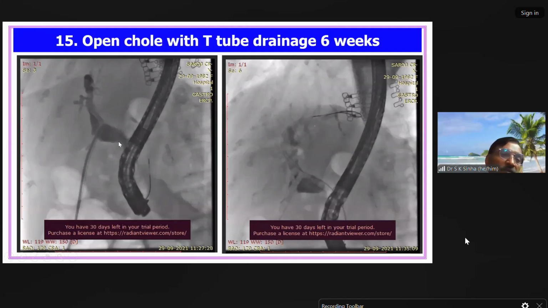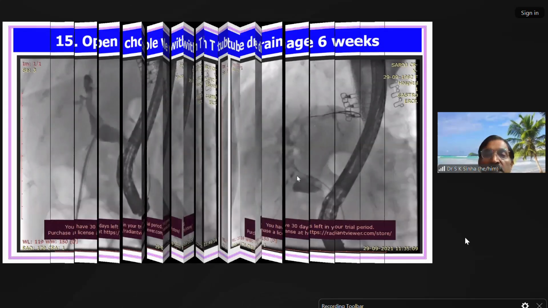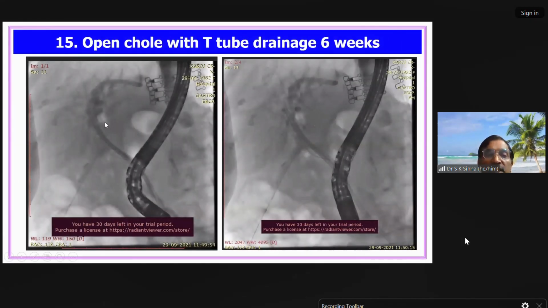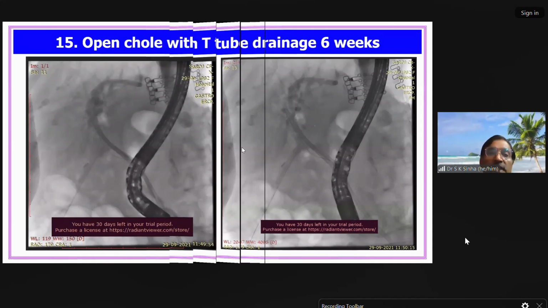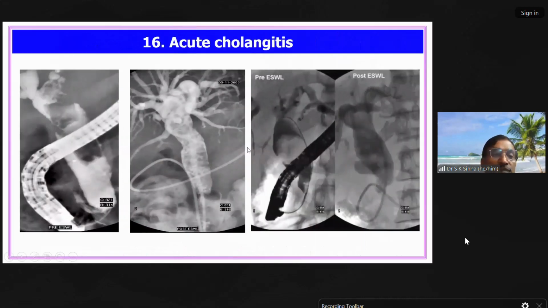So here again, very dense contrast has been put, and the stone is not visible. To make that visible, again, same technique, you put some saline inside, dilute the contrast, and then you are able to see there are multiple stones lying there. So that was extracted, and ultimately for some time we will put a stent and remove the T tube. That is how it is done.